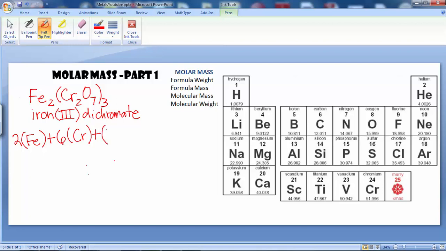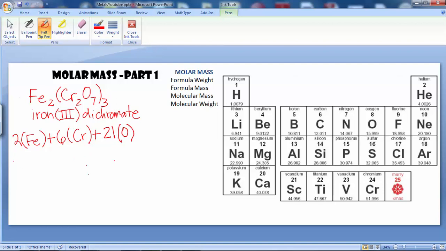Now, how many oxygen atoms do we have? Well, we have a subscript of 7, and on the outside of the parentheses we have 3, so that gives us a total of 21 oxygen atoms.